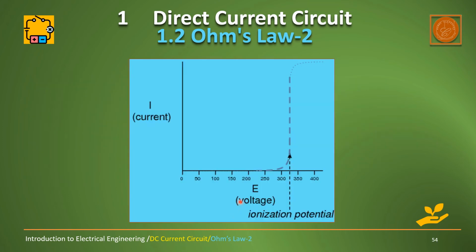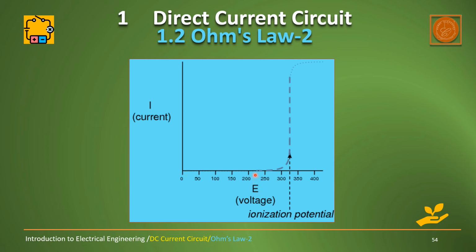Again, we put the horizontal axis as voltage and the vertical axis as current I. When the voltage is in this area before 200, there is no current flowing through this circuit.